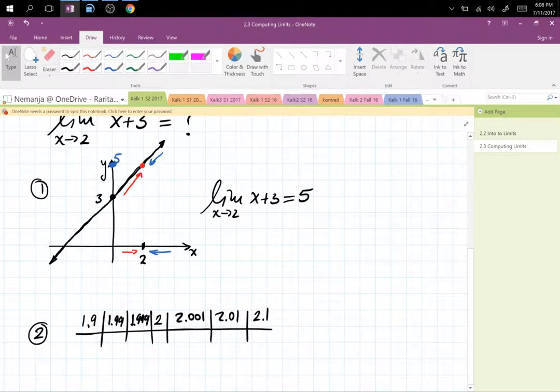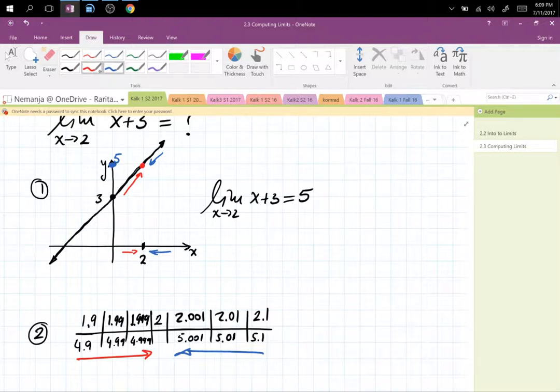When you add 3 to each one of these, you get 4.9, 4.99, 4.999, or on this side 5.001, 5.01, and 5.1. So both of these point clearly towards number 5. So we claim limit is 5.